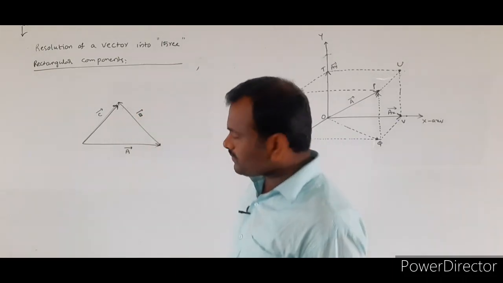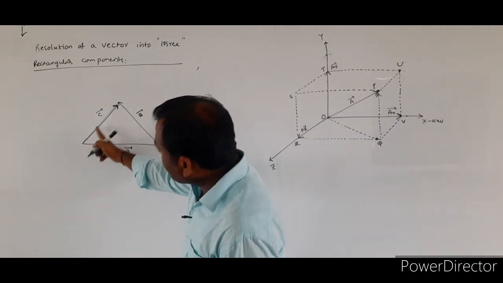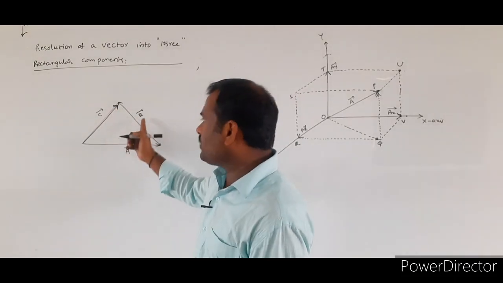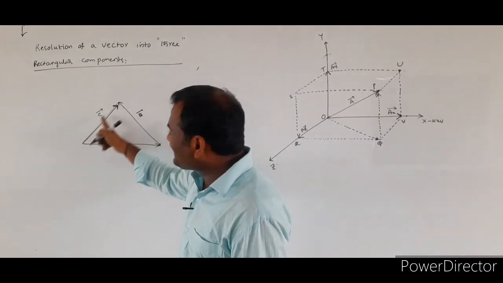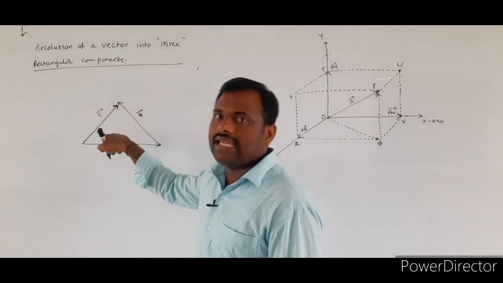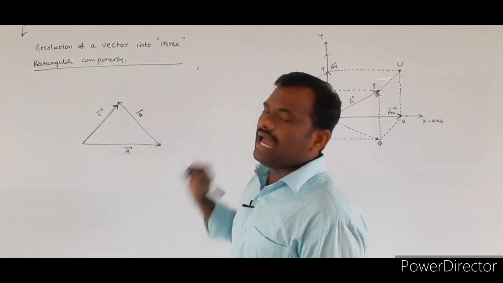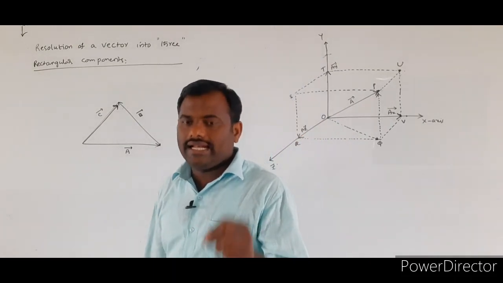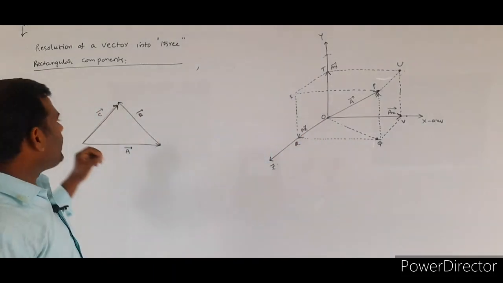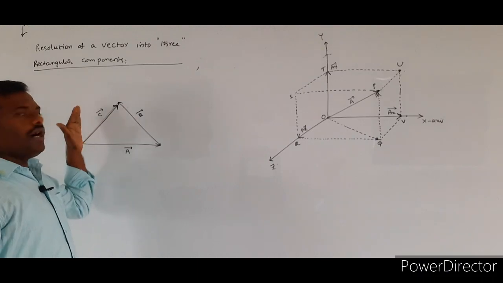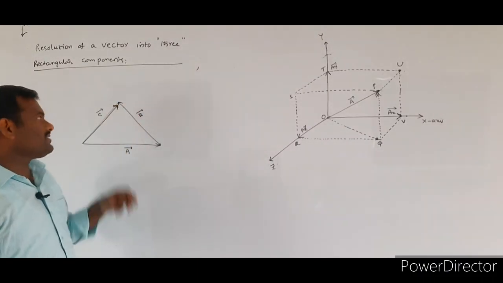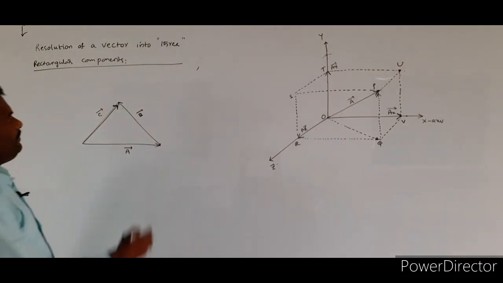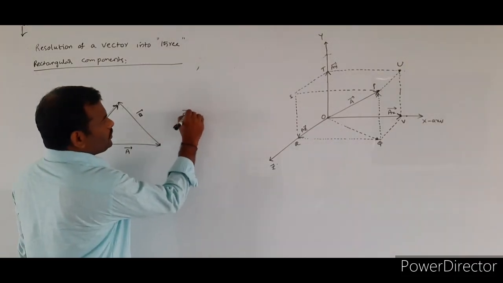Again repeating: already two sides are taken as two vectors, and one more side is empty. So the third side, the closing side of the triangle, will give the resultant, whenever that closing side is represented opposite to the two given vectors.